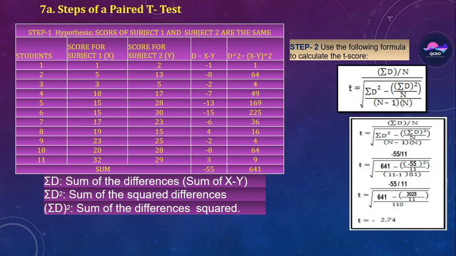Here, computing, putting the values into the equation: summation of d by n is minus 55, where n is equal to 11, and n minus 1 is 11 minus 1, into 11. Here d square is 641, and the t value will be minus 2.74.